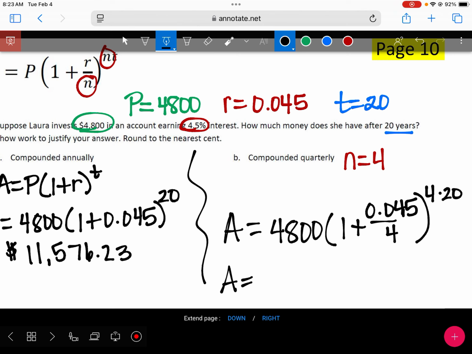So type in 4,800, hit the parentheses, and then 1 plus, hit the fraction button. That's the fraction button right here. And then on top, put 0.045. Arrow down, 4, yep, close it. Hit the exponent key, which is the little upside down V under pi. Now type in 4 times 20.